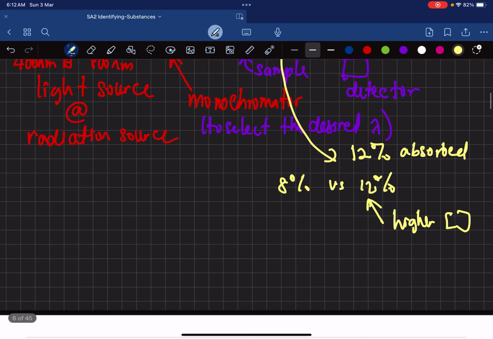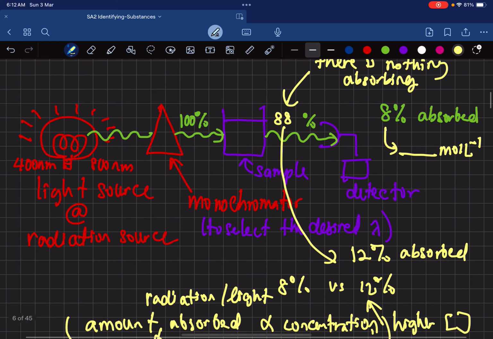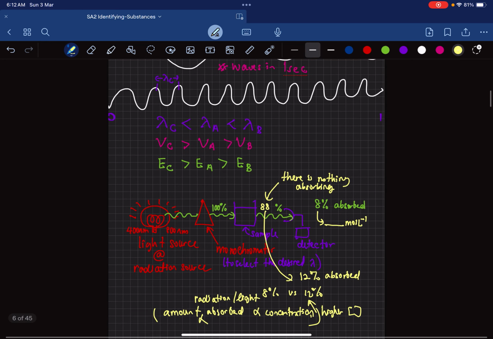The amount absorbed is proportional to concentration. This is important: the amount of radiation or light which is absorbed is related to concentration. That's the relationship. This is how spectroscopy generally works. All spectroscopic techniques generally work the same way.